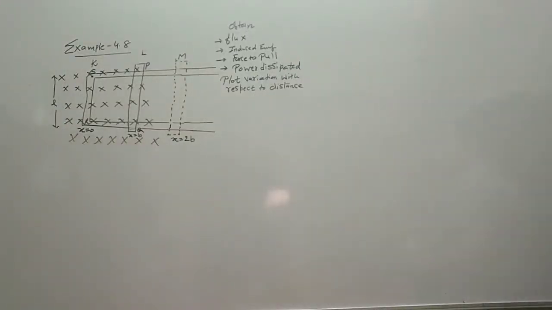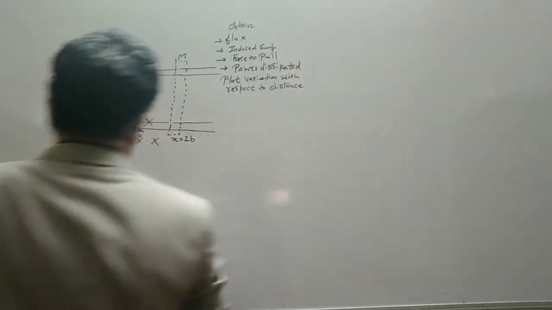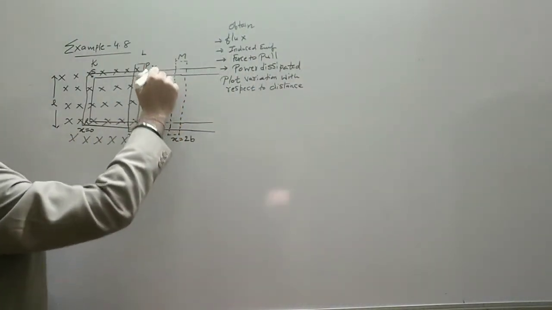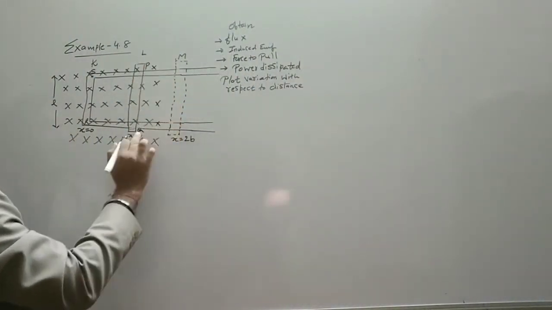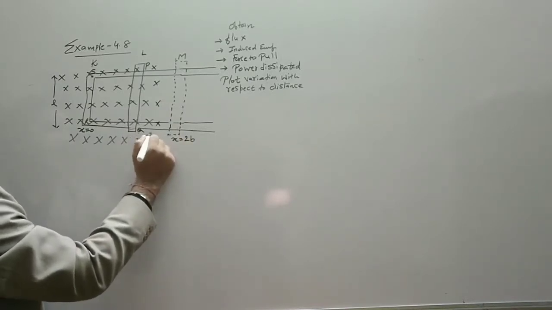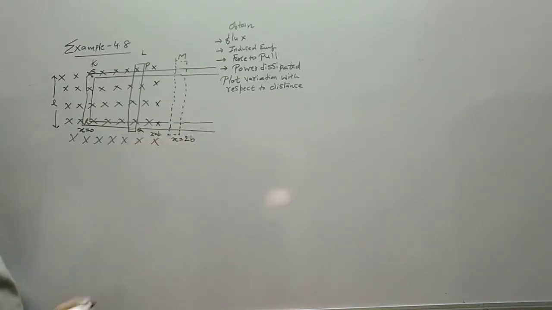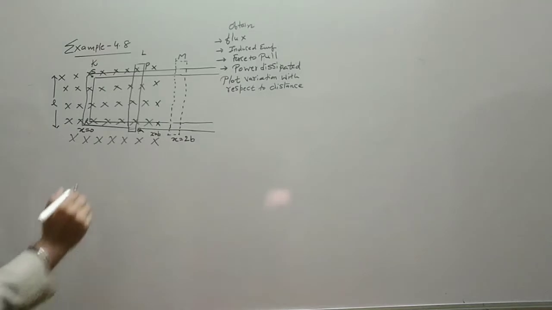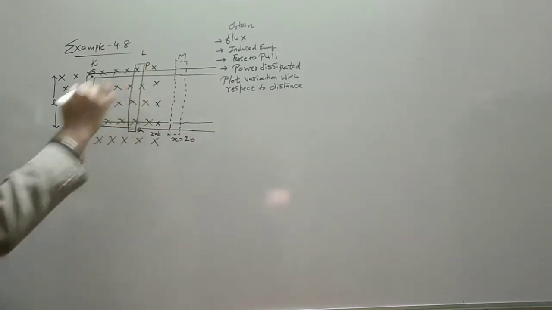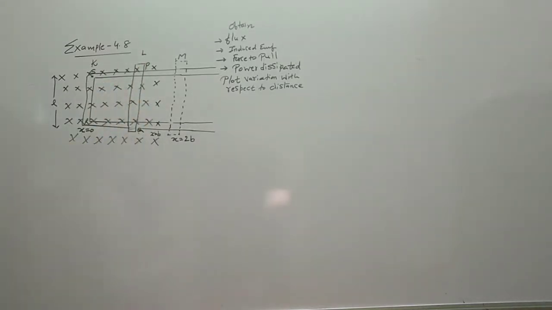So the magnetic field exists up to x equal to b only. This PQ is an intermediate position.